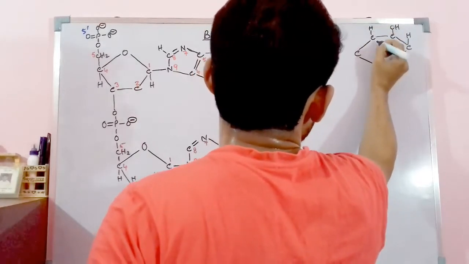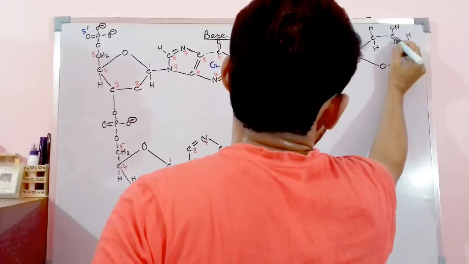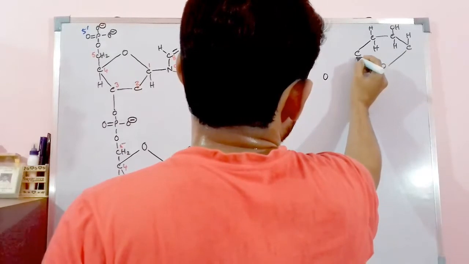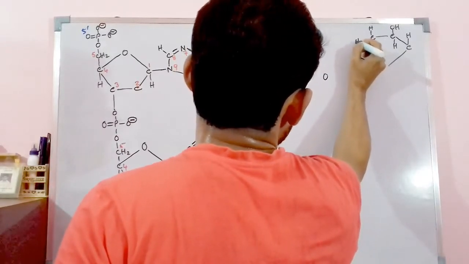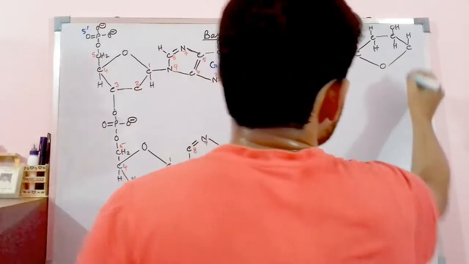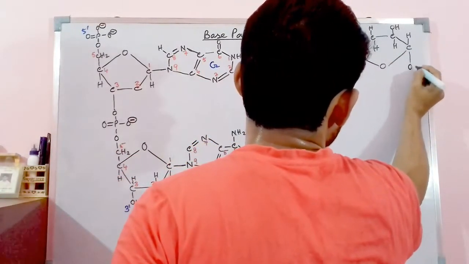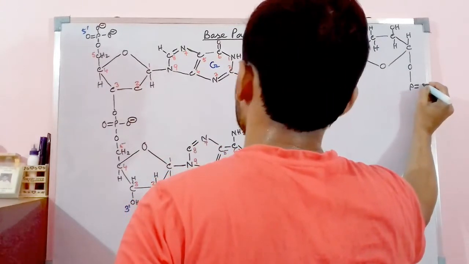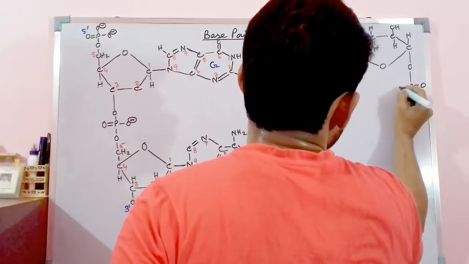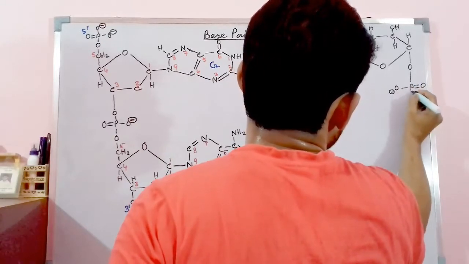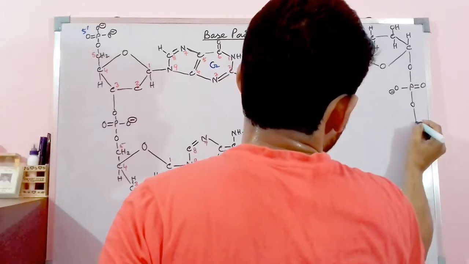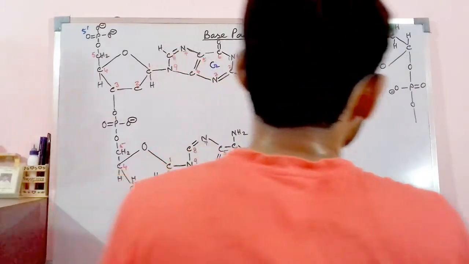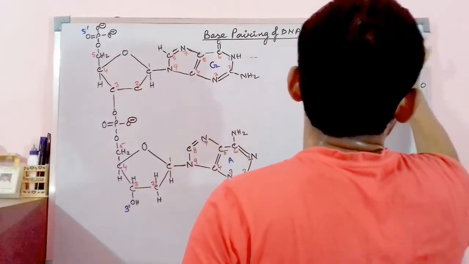Here it would be H, here H, in this position H, and here H below, and along with this carbon there would be the phosphate linkage: P, double bond O, single bond O minus, again here O. This would lead to another carbon. Let me draw it in a proper manner so that it would be easy to understand.